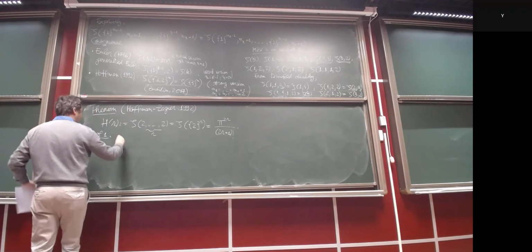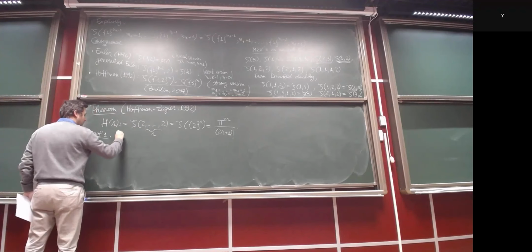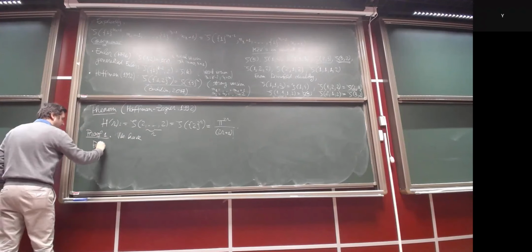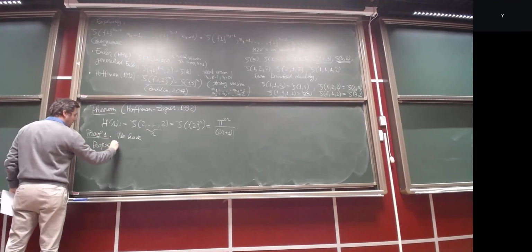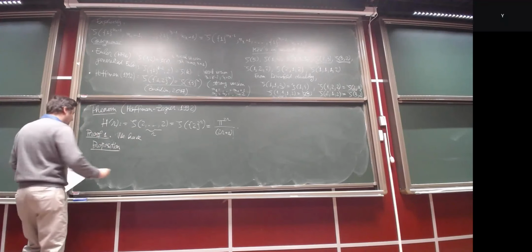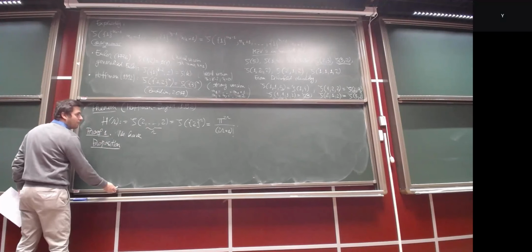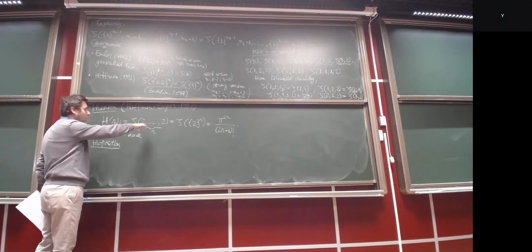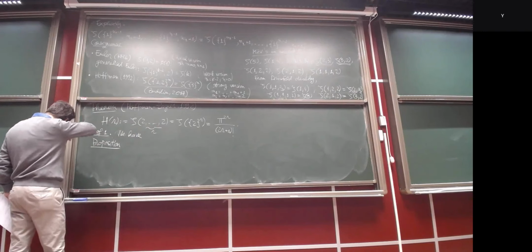So we have the following proposition. I'm just going to write the generating function for multiple zeta values when all the indices are equal.